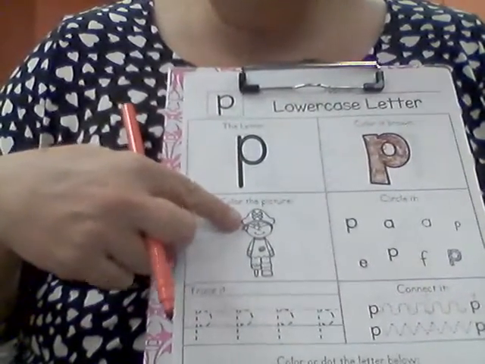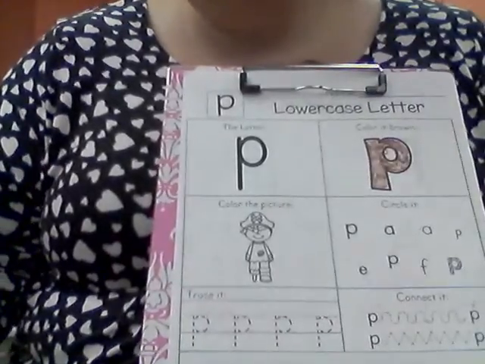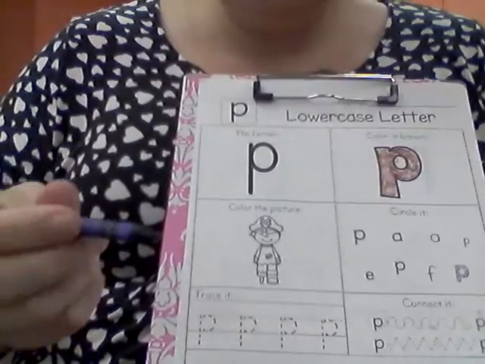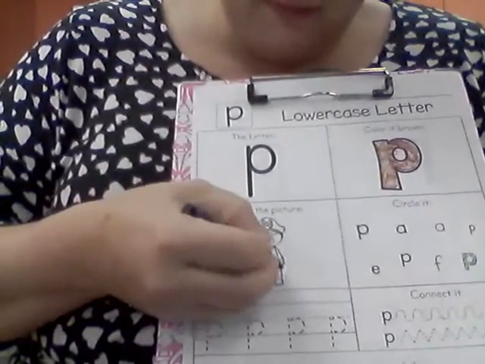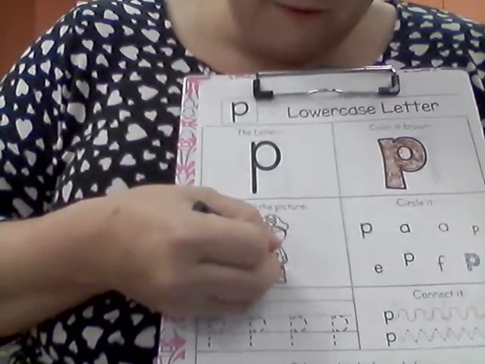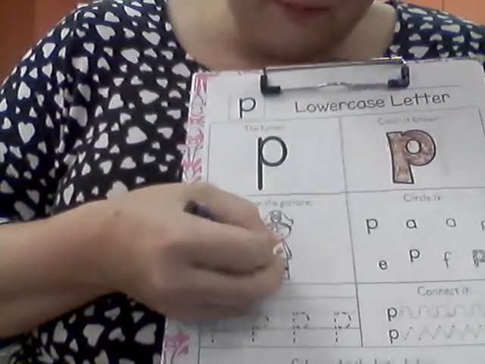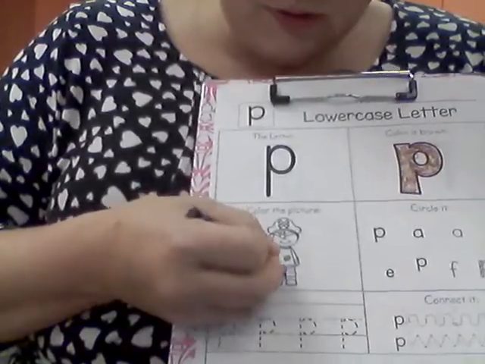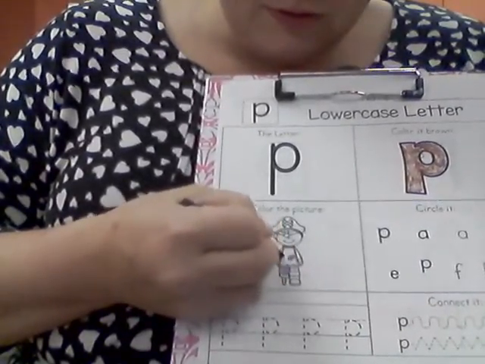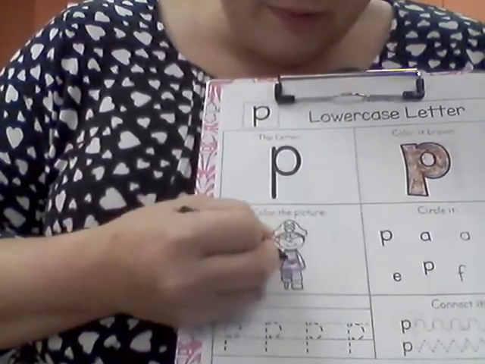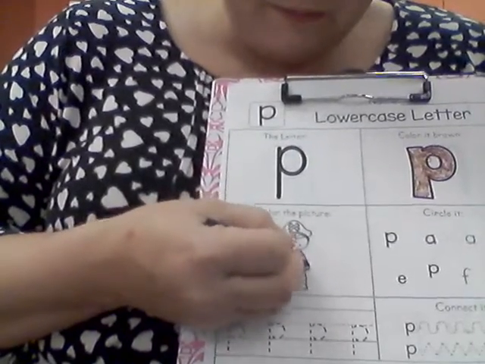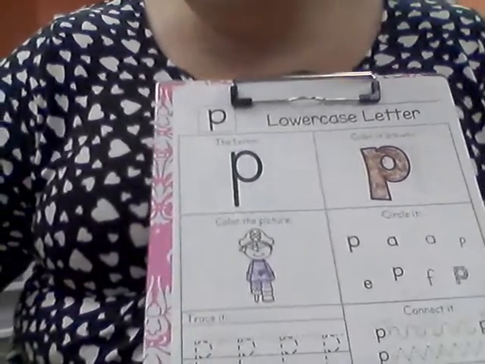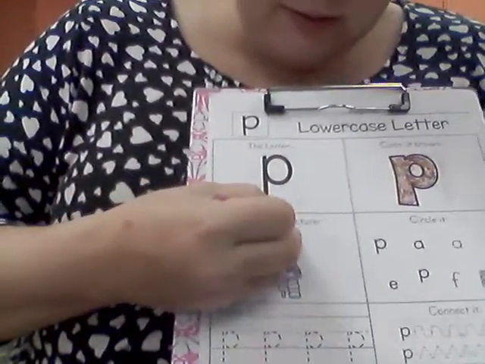This is a picture of a pirate. A pirate. Another word that starts with P is purple. So I'm going to make my pirate purple, or at least most of him. Color shorts, color shirt. And then I think I might color his hat pink.